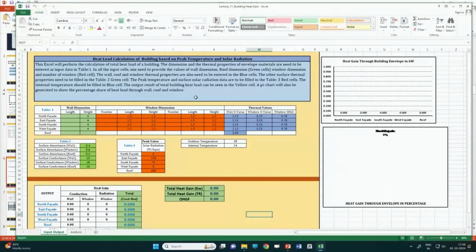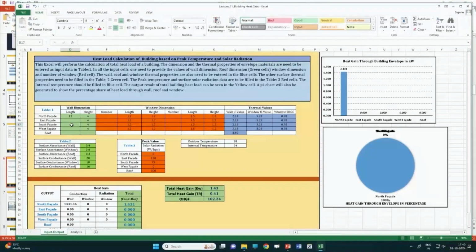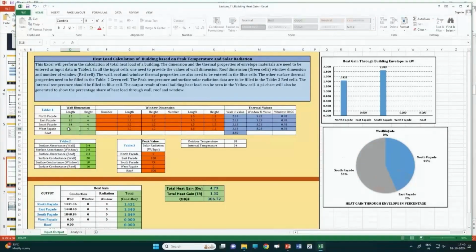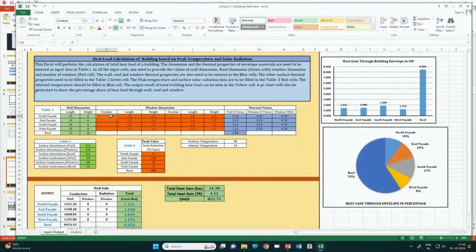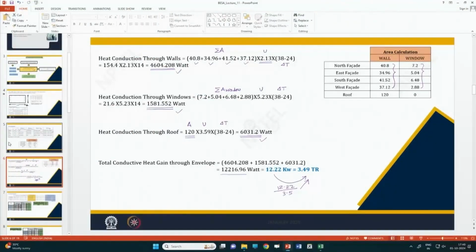So, in this Excel sheet, if I give the length and the height, suppose the length of the north facade is 12 and the south is also 12, the east is 10 and the west is also 10, the height is 4, I have already kept it as that. So 12 and 10 is the dimension of the roof, and the numbers are maybe this is 0, this is 4, and let me check with the other numbers.